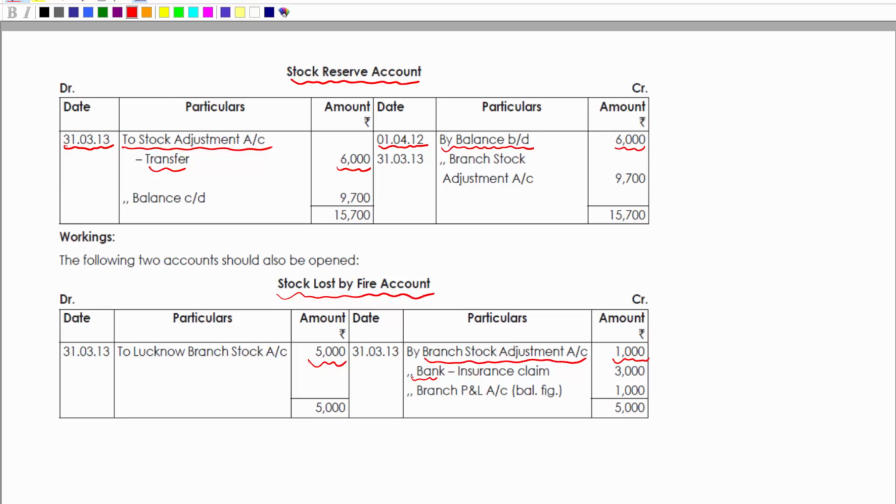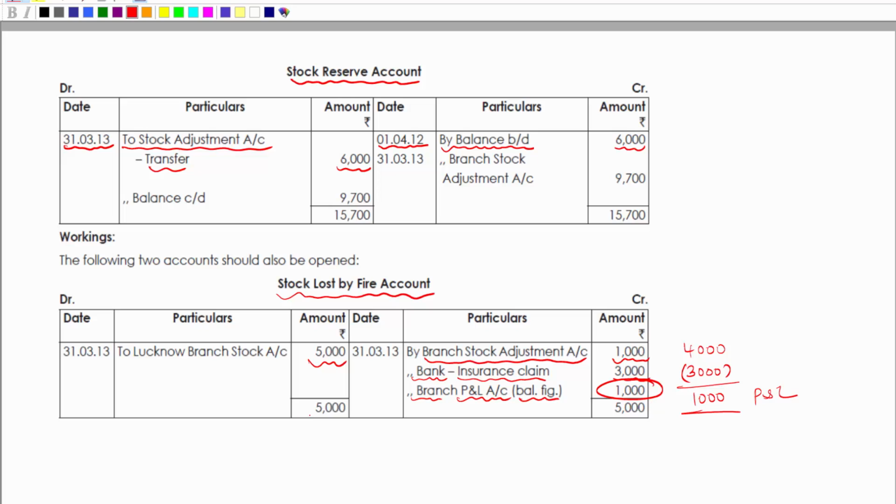That is, bank has given the insurance claim 3,000. So now what we understand, 5,000 minus 1,000, 4,000 is the value, and out of 4,000 we have received a claim of 3,000. So actual loss is 1,000. This 1,000 should go to P&L. So we'll write by branch P&L, which is nothing but the balancing figure, 1,000, right?